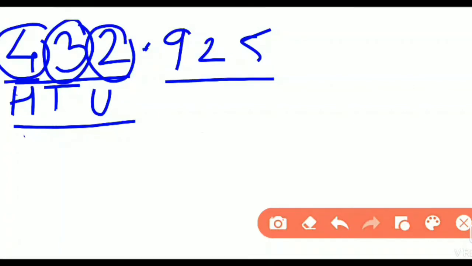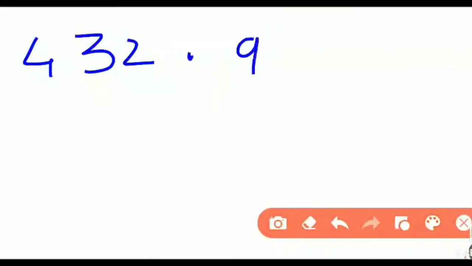First of all, I will write this number again, 432.925. As I told you, this is the unit place, this is the tens place, and then it is the hundreds place.